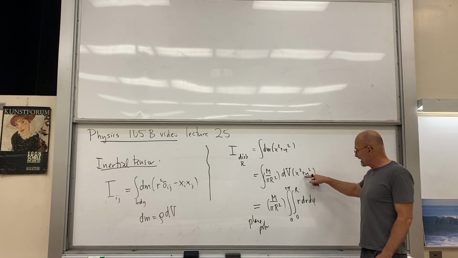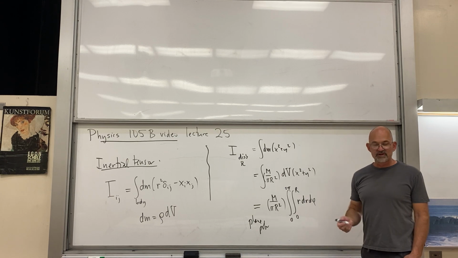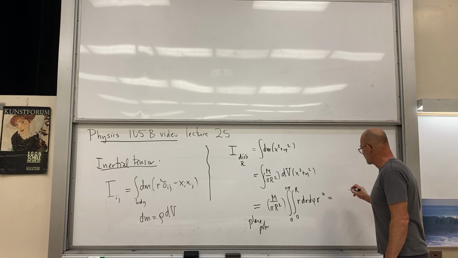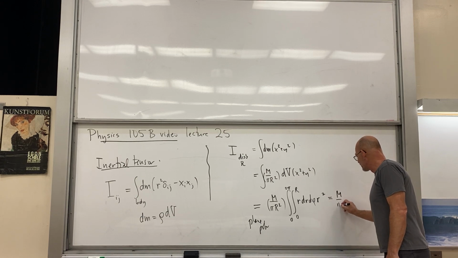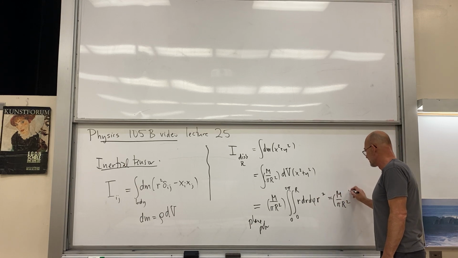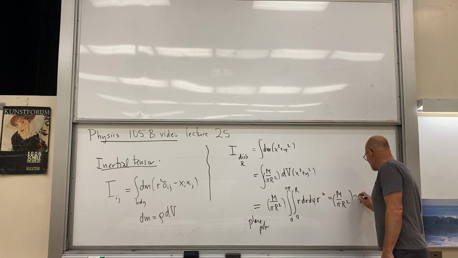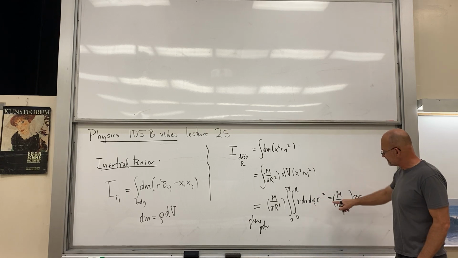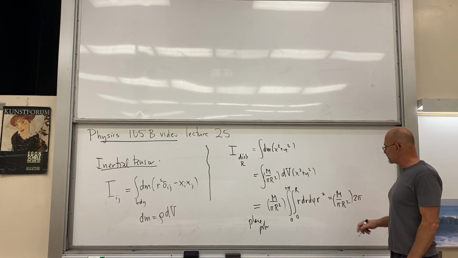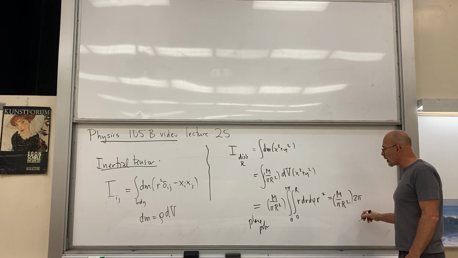And then that's taking care of this, and then we've got the x squared plus y squared, which of course is just r squared. So we have m over pi radius squared, and then the d phi integration is going to give us 2 pi, and then we're going to have r cubed, so the integral of that is r to the 4th over 4.